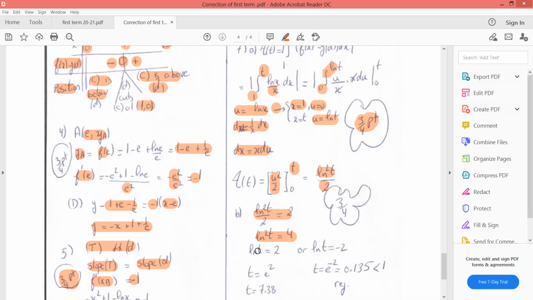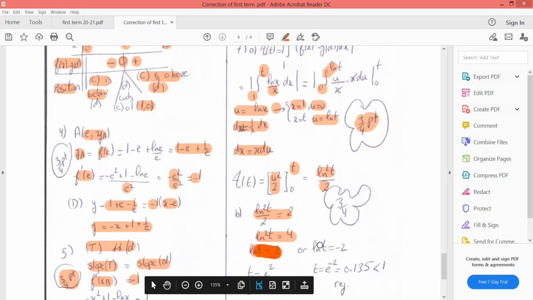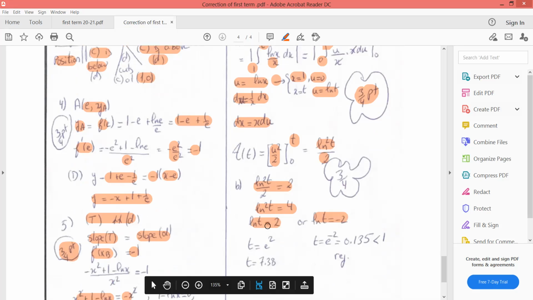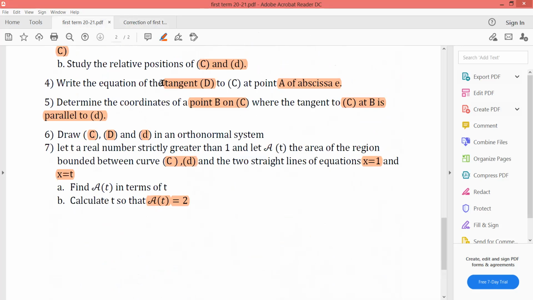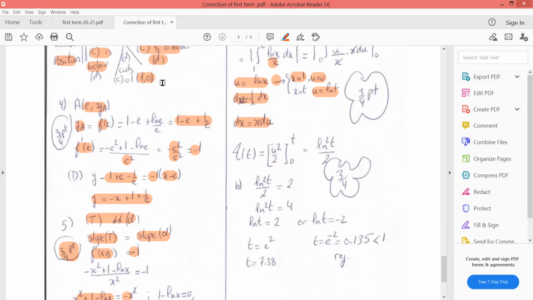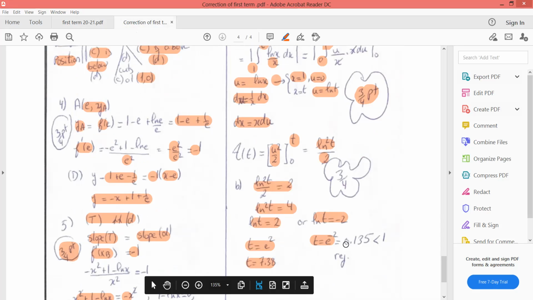Then ln t equals 2 or ln t equals minus 2. So ln t equals 2 means t equals e squared, which is equal to 7.38, while here t equals e to the minus 2. And we know that t is a number greater than 1. T is greater than 1. So this one will be rejected.